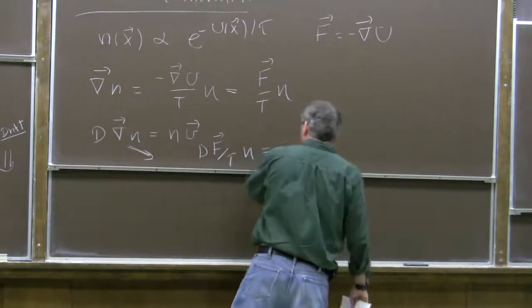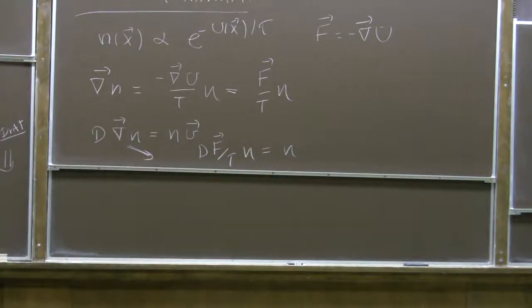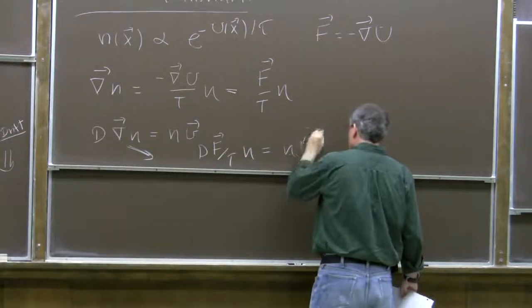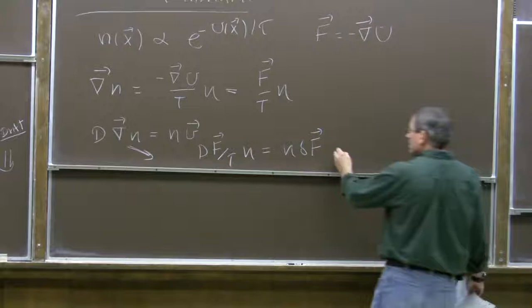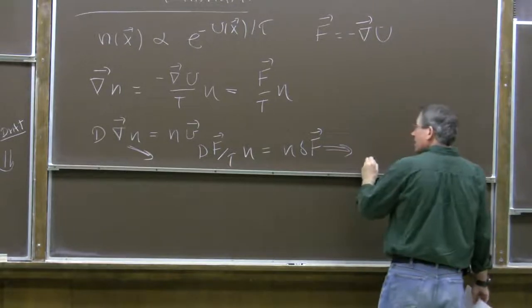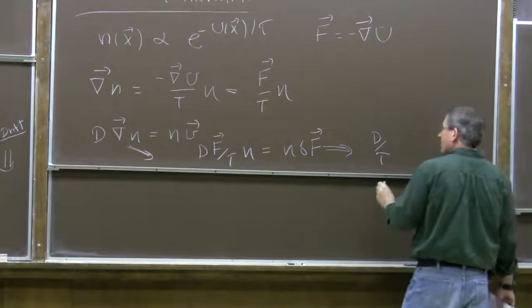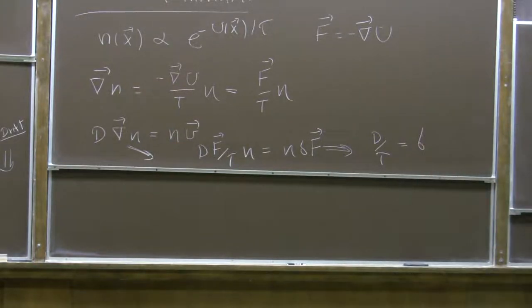And this is, since the terminal velocity is just mobility times force, equal to mobility times force. So the concentration and the force drop out of the equation. And the conclusion is that diffusion constant divided by temperature is equal to mobility. That's the Einstein equation.